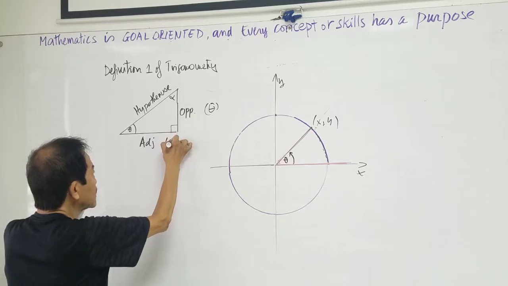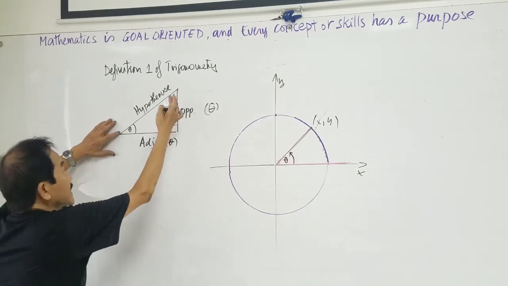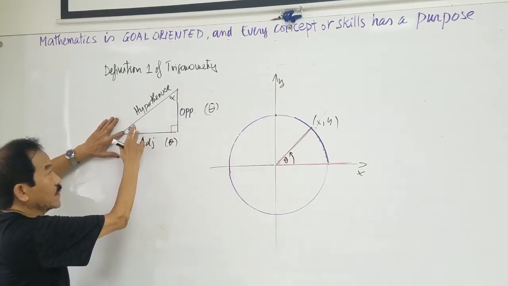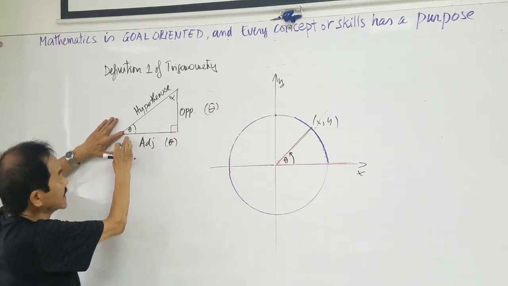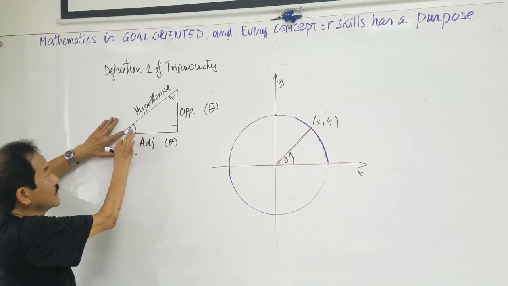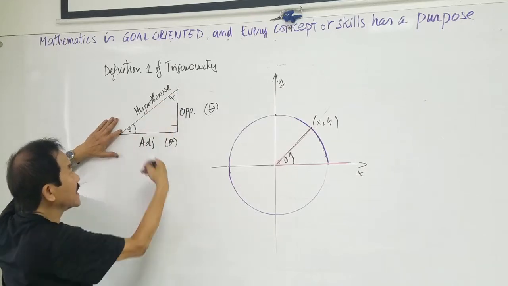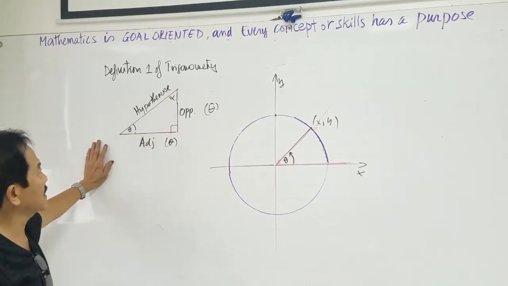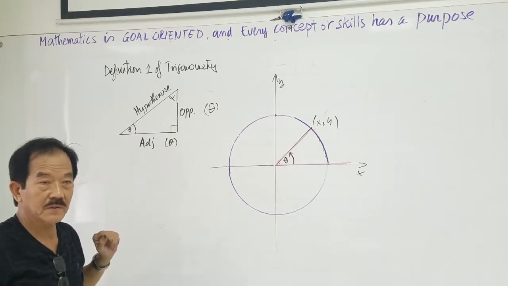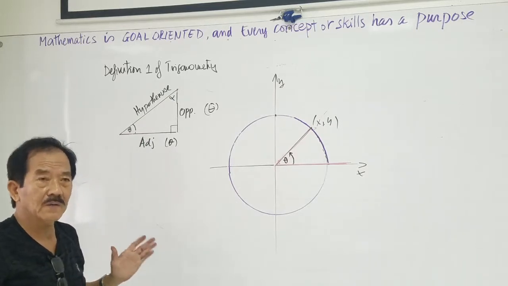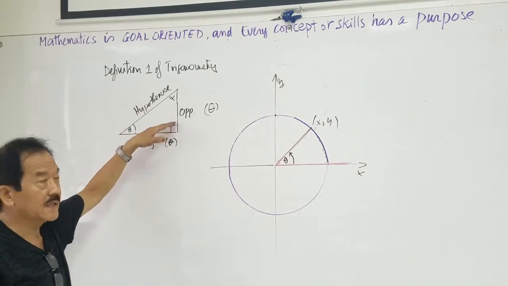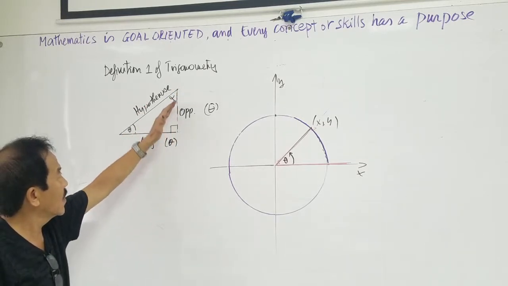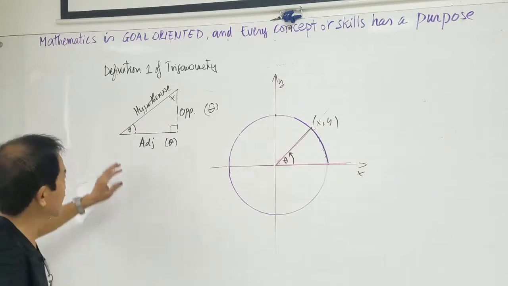Okay, so now the line opposite of that theta we call the opposite, and the line here is the adjacent of this theta, and the longest side in the right triangle we call the hypotenuse. Okay. Now this is all about studying the ratio between these lines. The ratio over here we name sine.